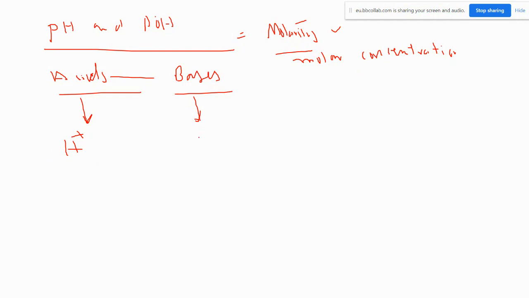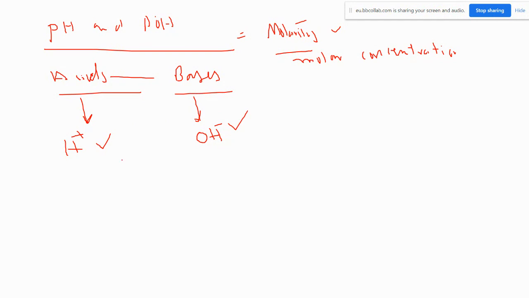Bases are all those solutions that, when you dissolve in water, give you OH negative ion. Understood? Acids are all those compounds that, when you dissolve them in water, produce H positive ion. Bases are all those compounds that, when you dissolve them in water, produce OH negative ion.